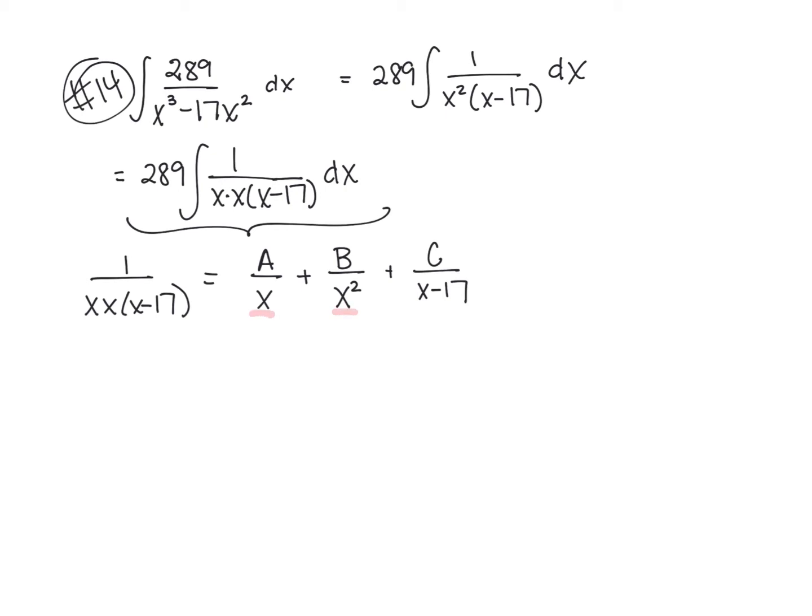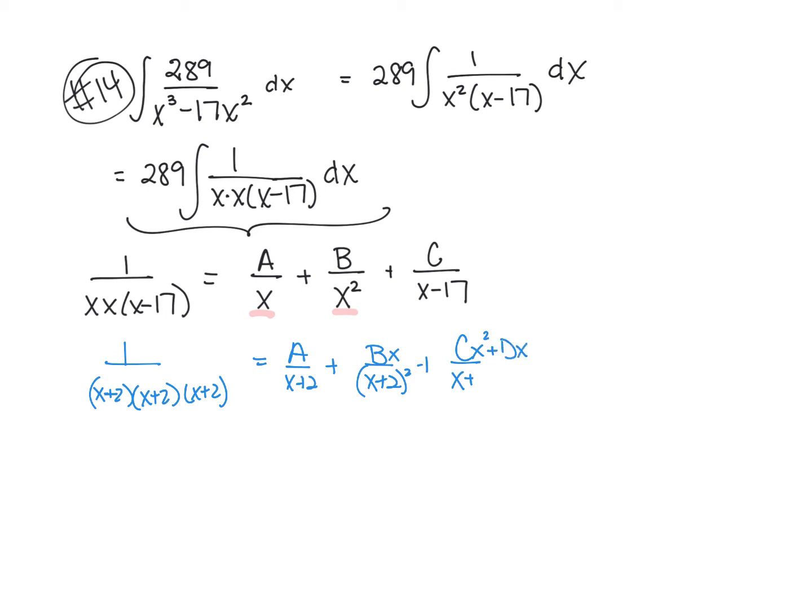So for example, just as a side note, if my denominator had been something like 1 over x plus 2 times x plus 2 times x plus 2, our breakdown would be A over x plus 2 plus B over x plus 2 squared plus C over x plus 2 cubed.